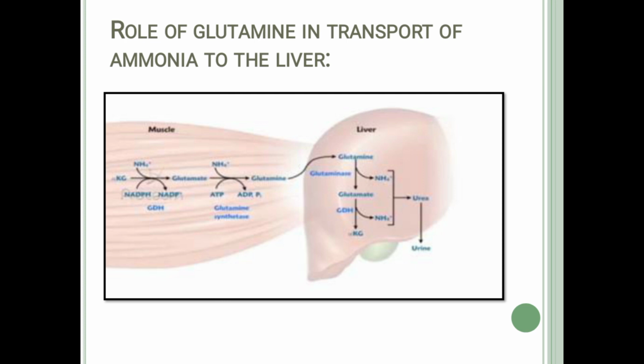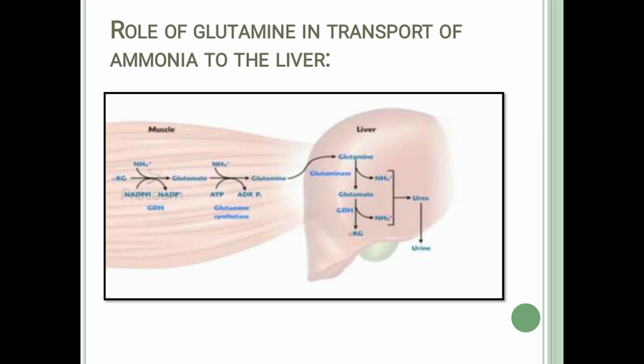Now the glutamate will be fixed with one more ammonium ion by the glutamine synthetase enzyme, which uses ATP to do that and become glutamine. That is how glutamine is made in the peripheral tissues including muscles.